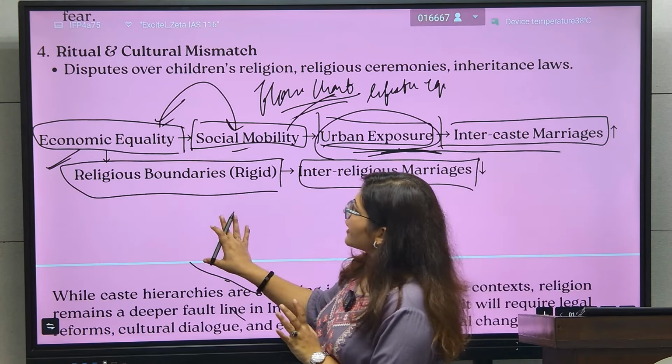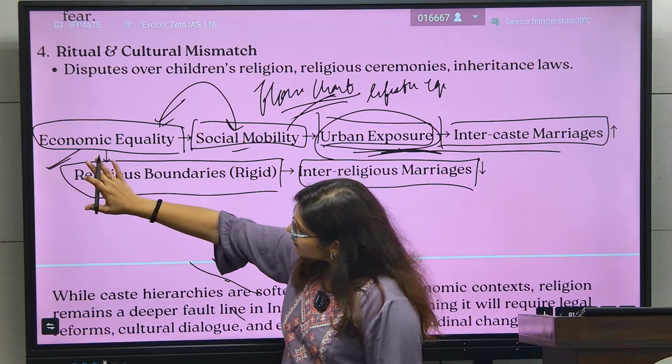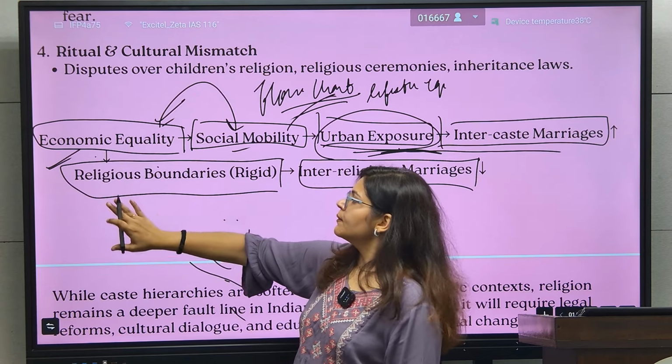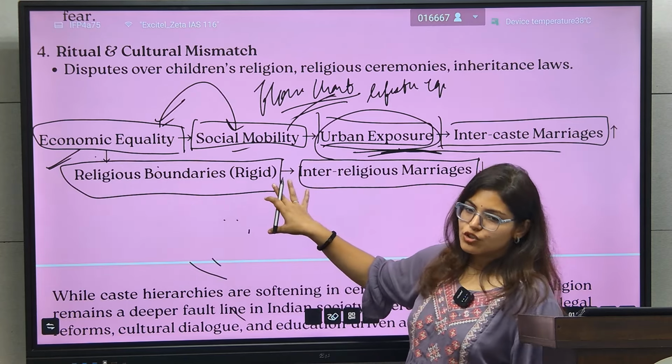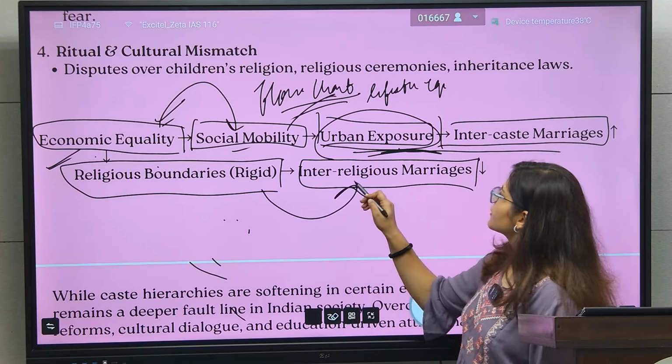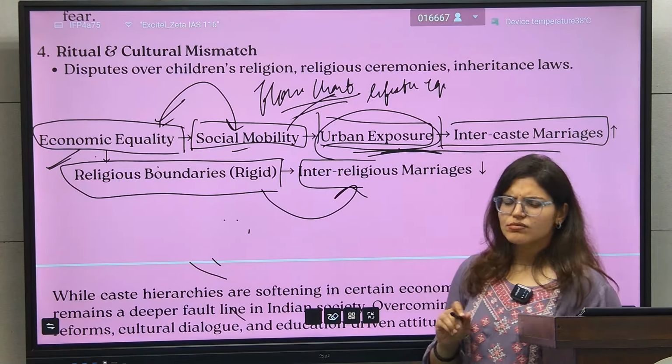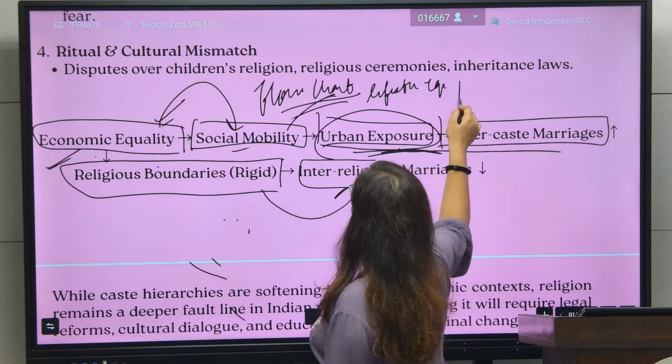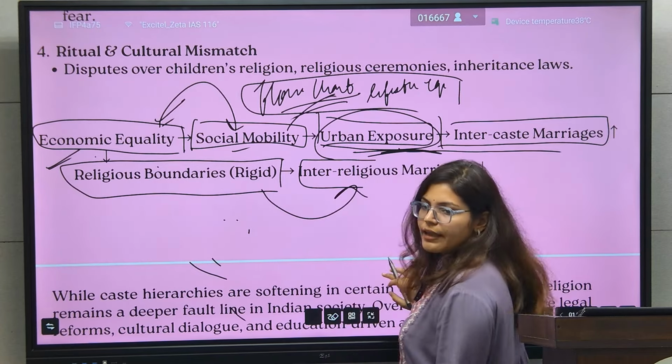But on the other hand, even with economic equality, religious boundaries are rigid as compared to caste, and due to this inter-religion marriages are decreasing. So in this way you have to make a flow chart if you have space.